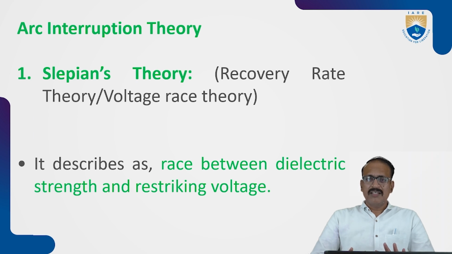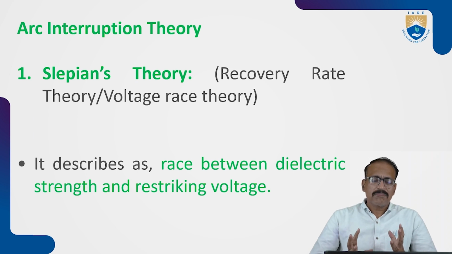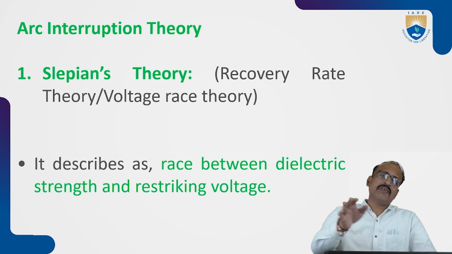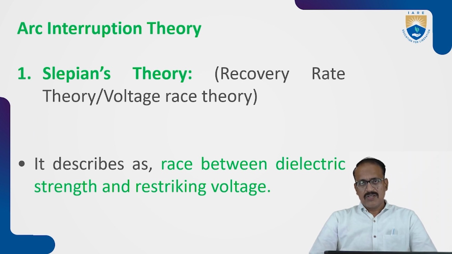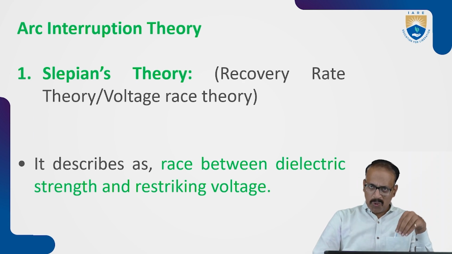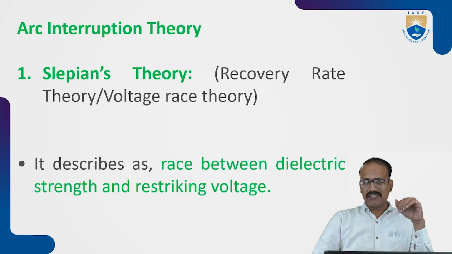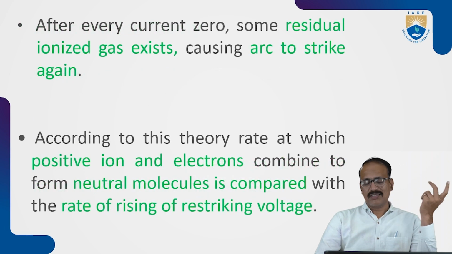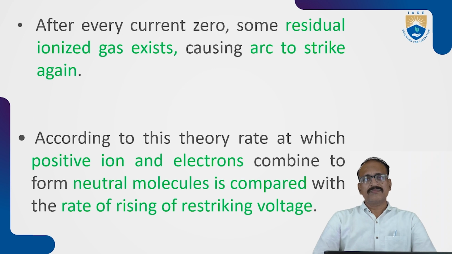The natural immunity has to build up after the fever. If it is slower than the fever conditions, the fever will come again. So here also, if the dielectric strength is slow compared to the restriking voltage, the arc will strike again.